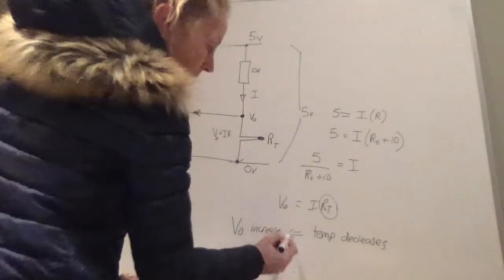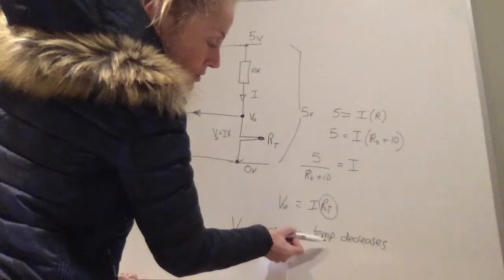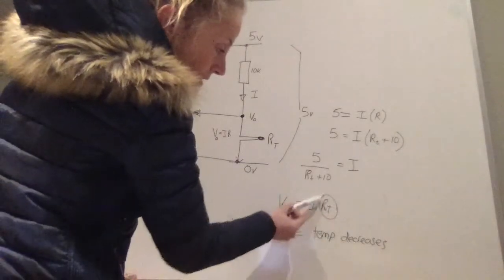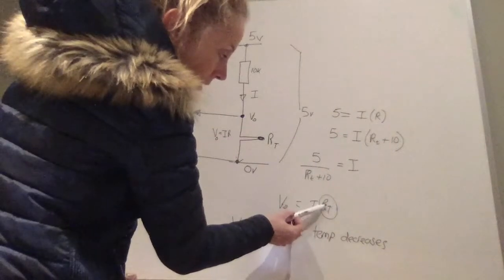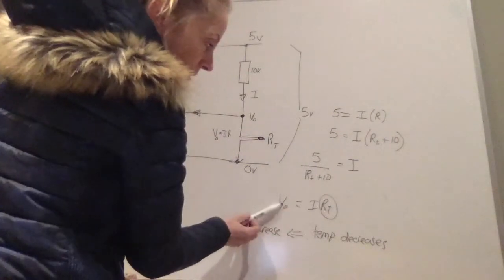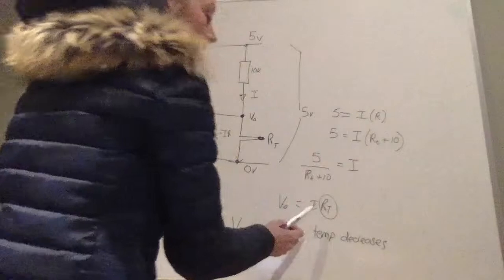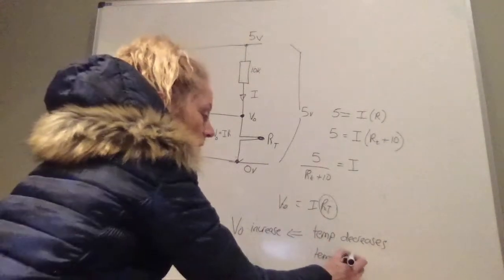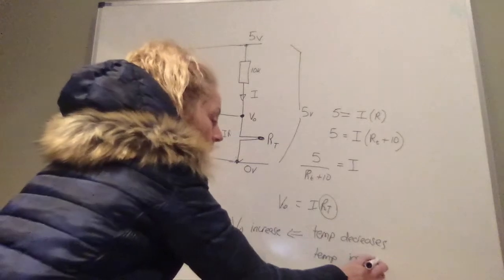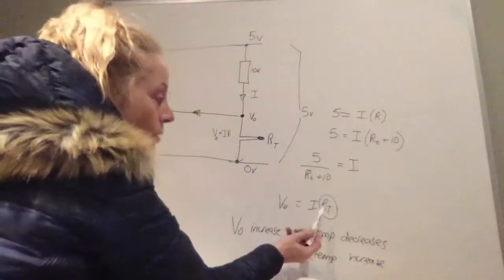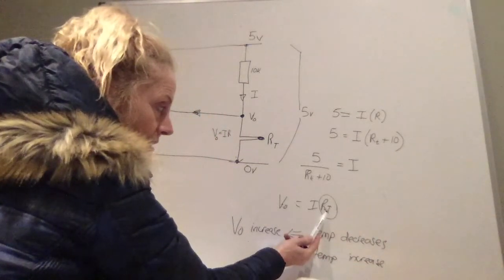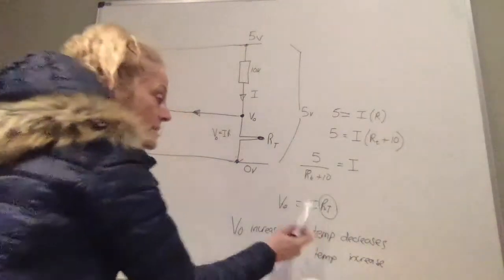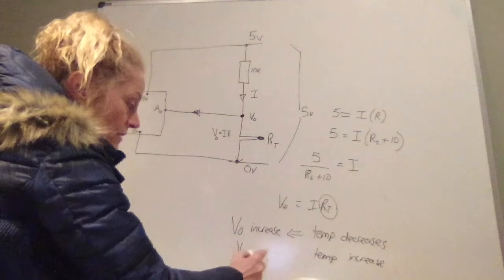Just to explain that again quickly, if the temperature decreases, the resistance of the thermistor gets bigger, and if this gets bigger, this number will get bigger. If the temperature increases, then an increasing temperature will reduce the thermistor's resistance, as explained in the previous video, and that will cause the output voltage to decrease.